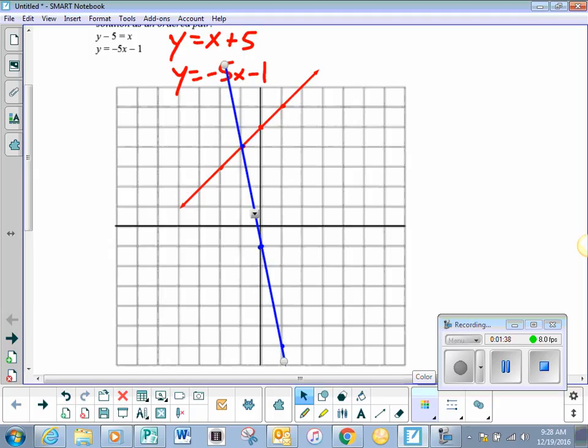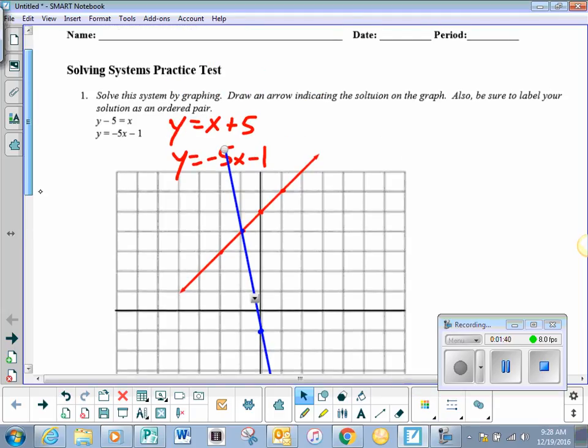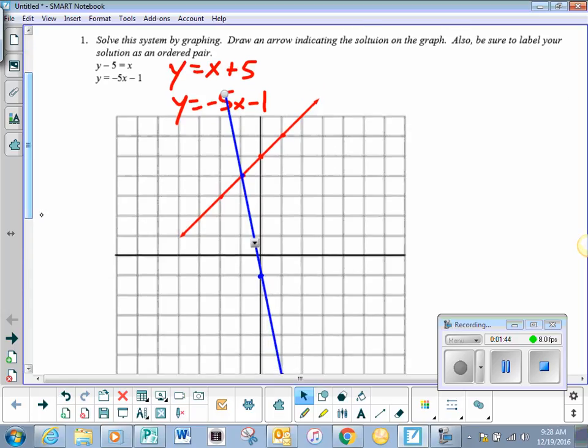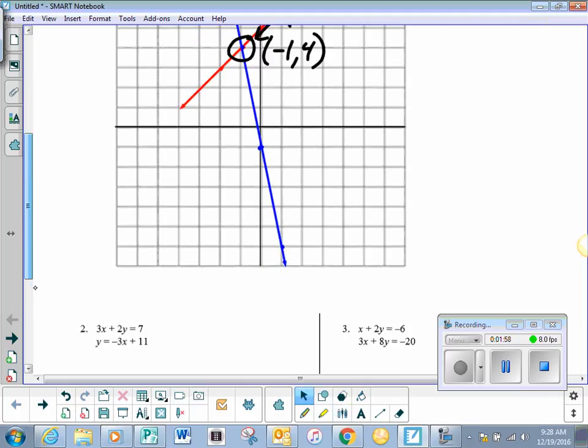What did it say in the directions to do? It said to draw an arrow indicating the solution on the graph, or label it as an ordered pair. So that ordered pair is negative 1, 4, and that's the solution. Don't forget the arrow.